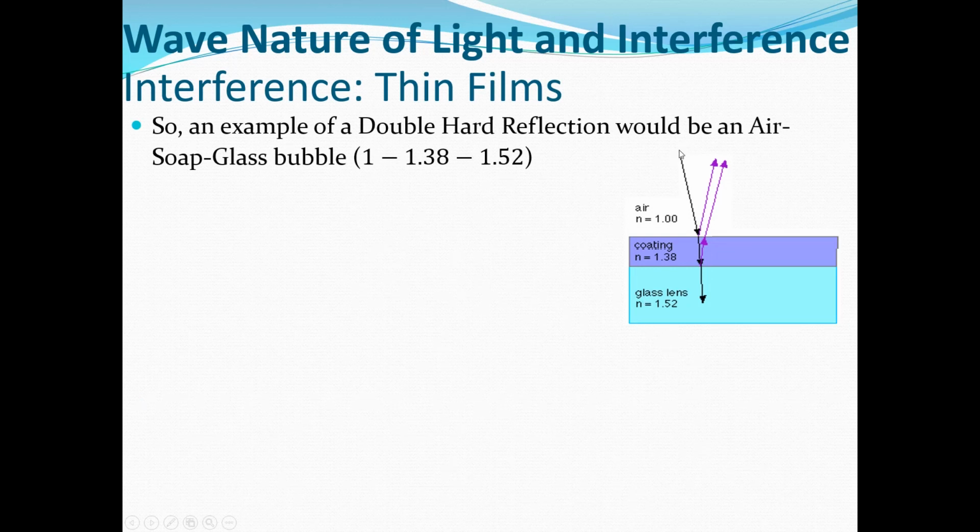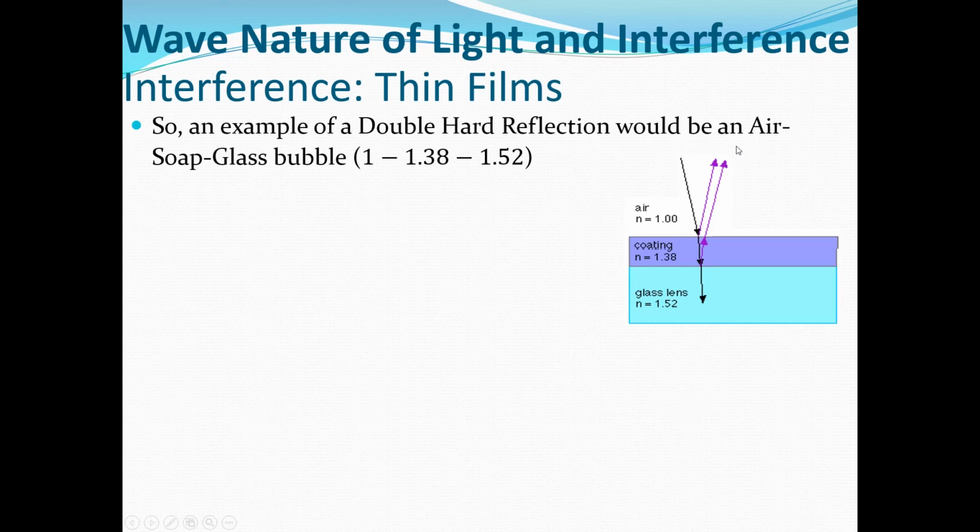Now, the way you would do this is, you look at this: you have air striking this coating surface. This first reflection would be a hard reflection, so it would be half a phase shift. Going from this one to this one, there would be another hard reflection, so half a phase shift.